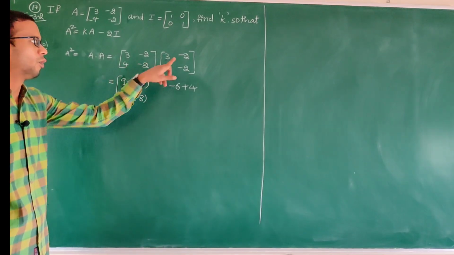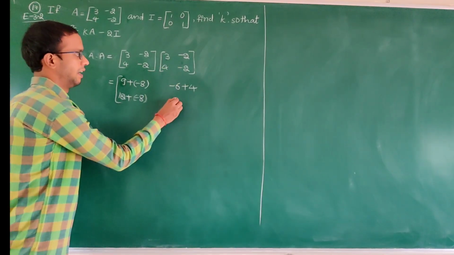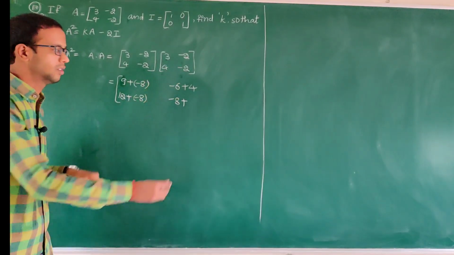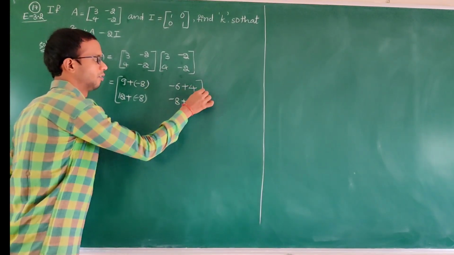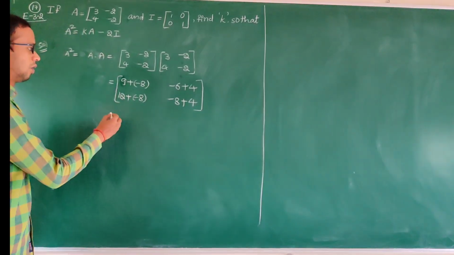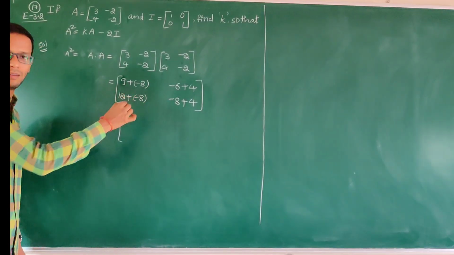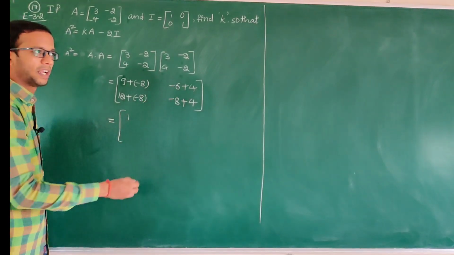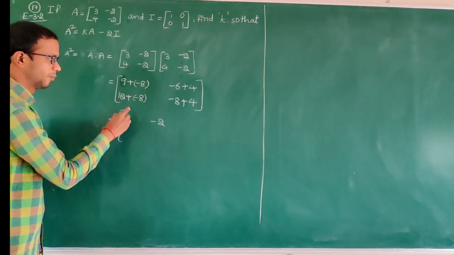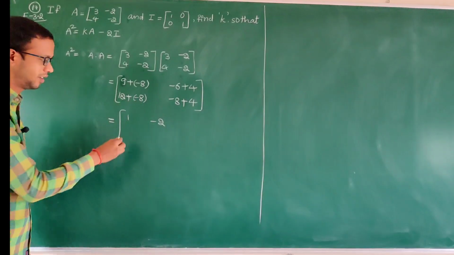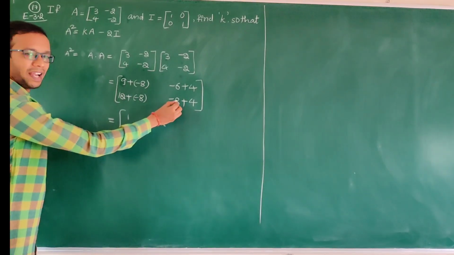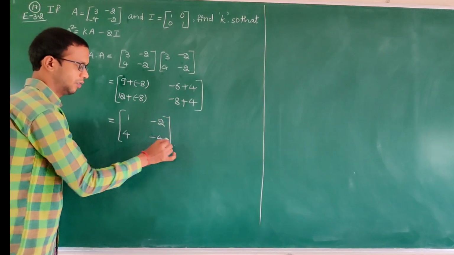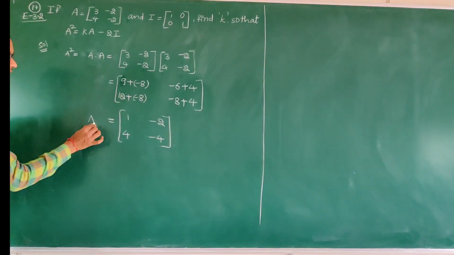Next, 4 into minus 2 is minus 8, plus minus 2 into minus 2 is plus 4. So now 9 minus 8 is 1, minus 6 plus 4 is minus 2, 12 minus 8 is 4, minus 8 plus 4 is minus 4. So this is A square.